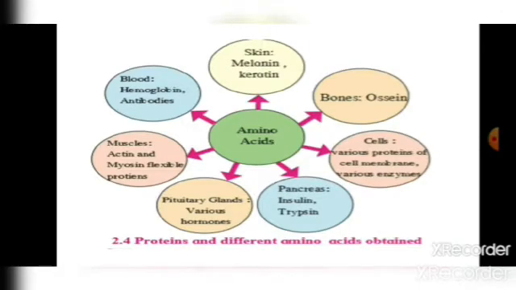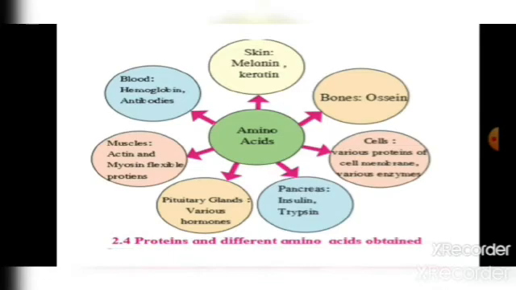Now we are going to see the energy from different food components. Carbohydrates which are not utilized are stored in the liver and muscles in the form of glycogen. Proteins are formed by amino acids which are held by peptide bonds. Therefore, they are called macromolecules.